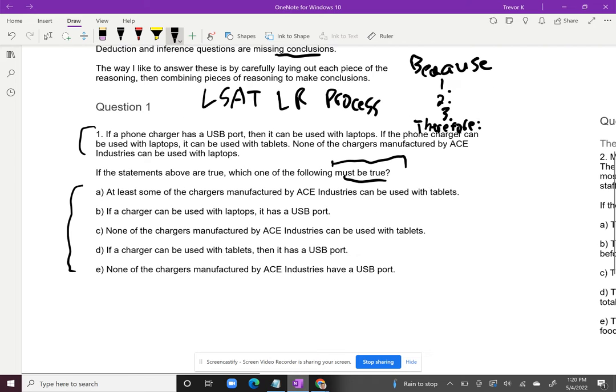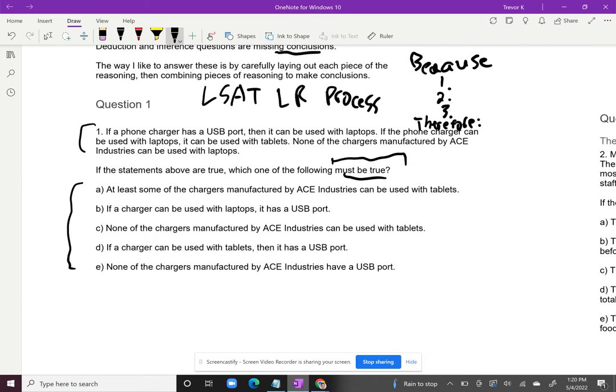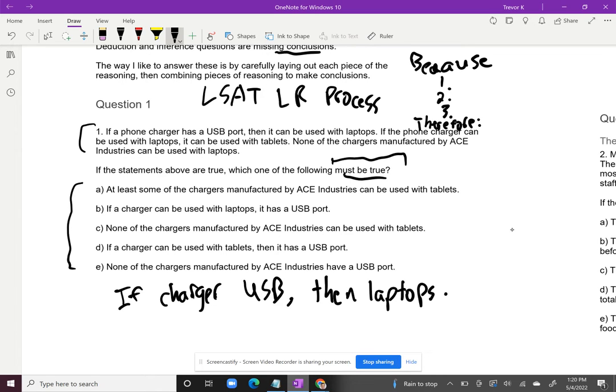So I've got reasoning 1, which is: if the charger has a USB port, then it can be used with laptops. Now, if the phone charger can be used with laptops, it can be used with tablets.